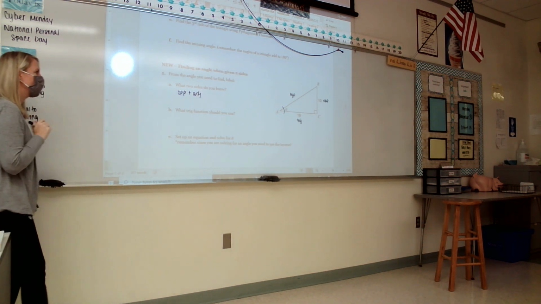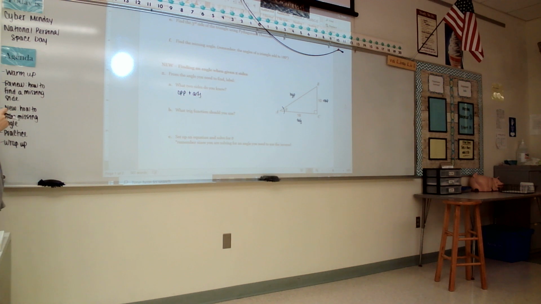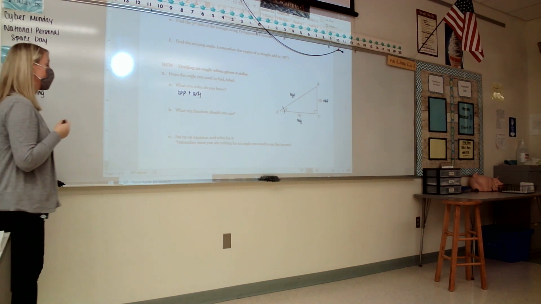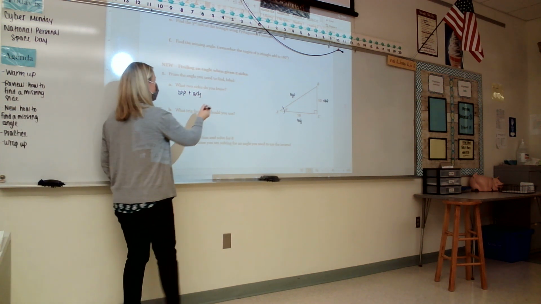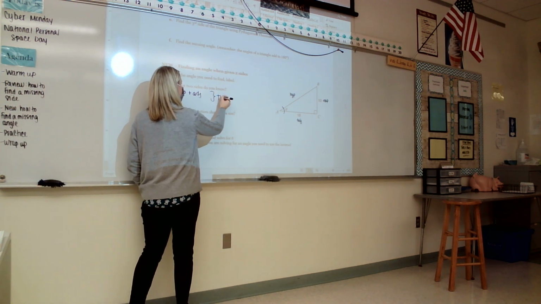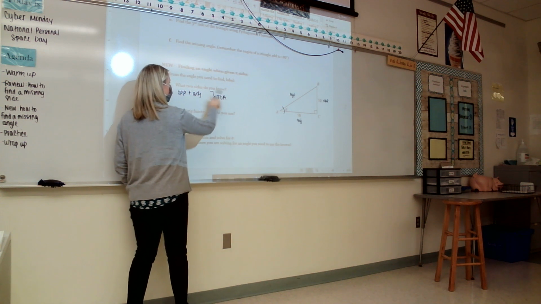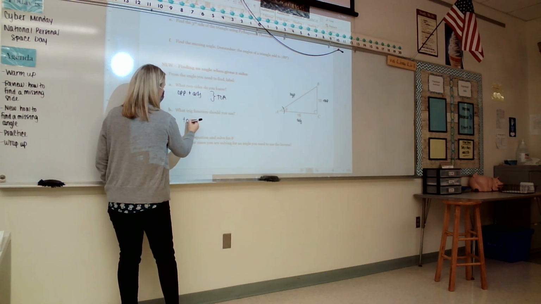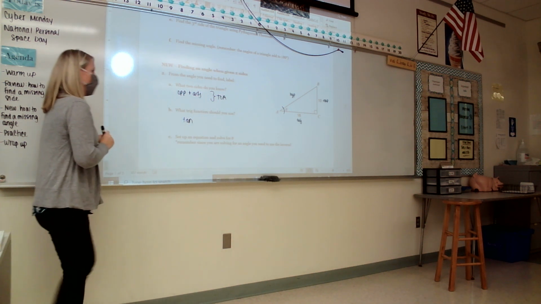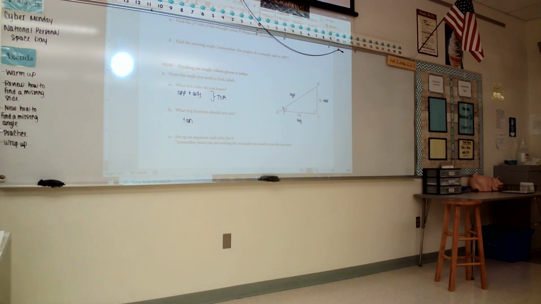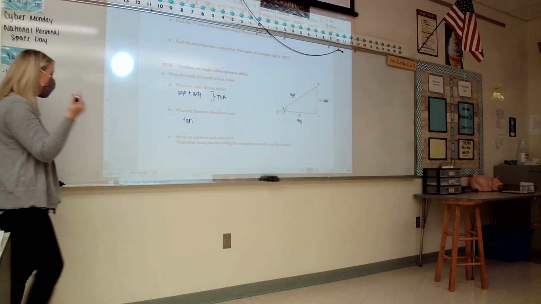In this case, I know two things, whereas before I always knew just one. What trig function should you use? You just look up and say, oh, opposite and adjacent. I should be thinking to myself TOA, because that is opposite and adjacent. So I'm gonna use tangent. Okay, that wasn't too bad. Set up an equation. We just talked about equations.